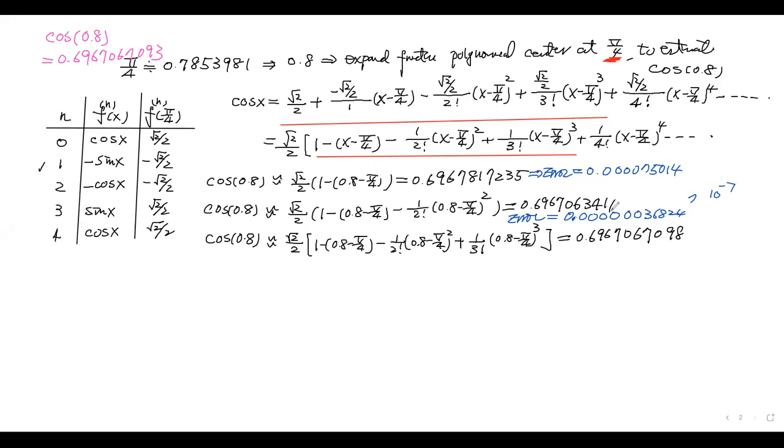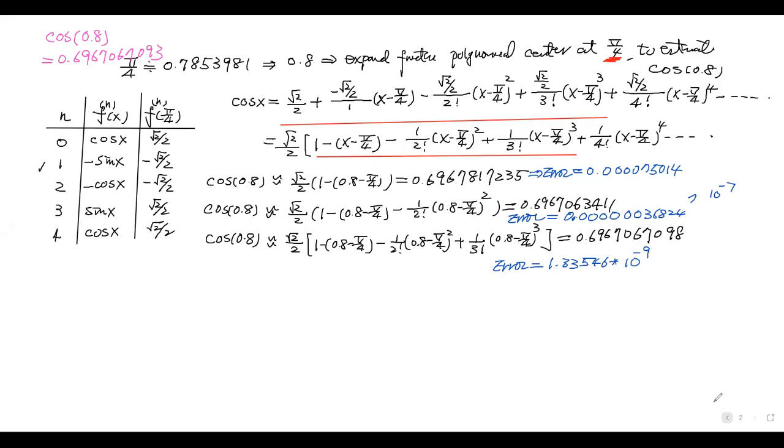Wow, the estimation is extremely good. So the last one here, I will use this number minus cosine. So the error for the last one will be 1.33546 times 10 to the what? 10 to the minus 9. Wow, that's amazing.